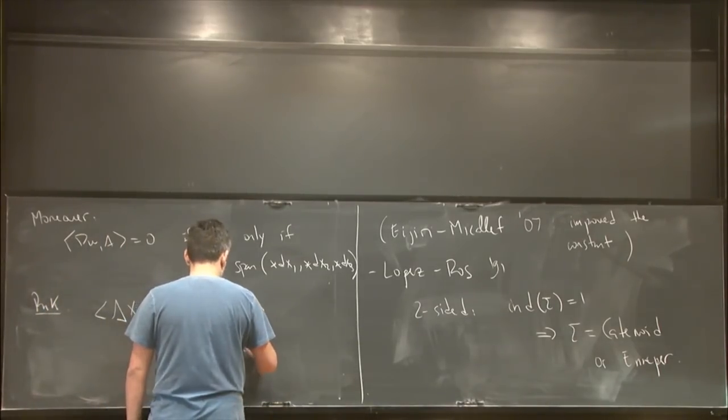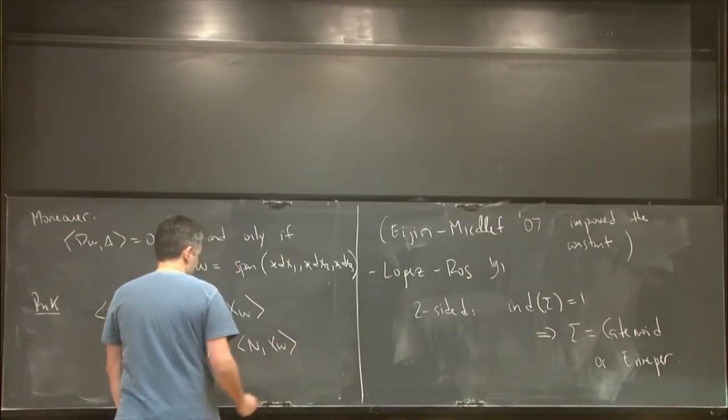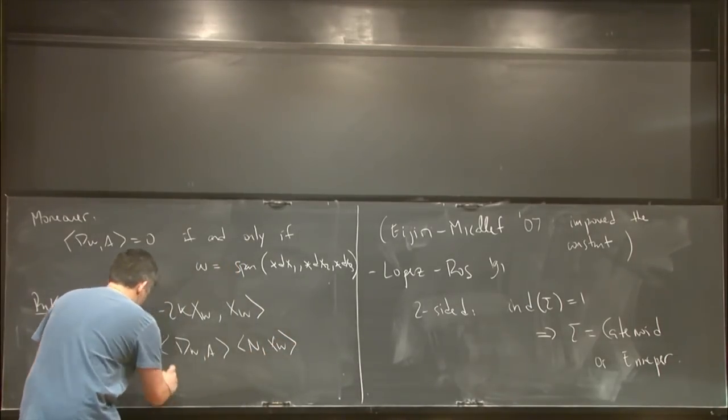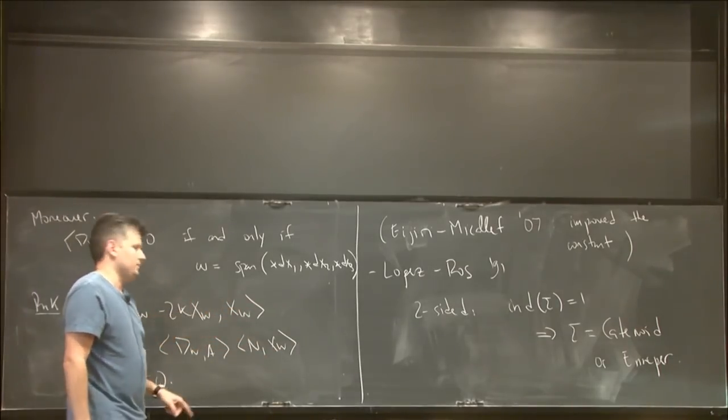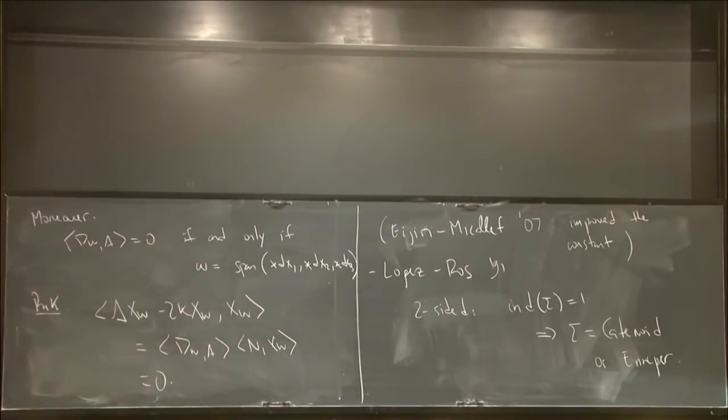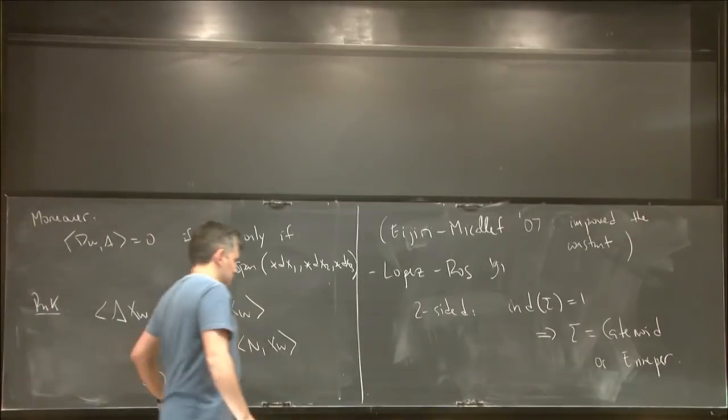And this is 0, because this is a dual vector field, this is a tangent vector field, and this guy is the normal. So in some sense, it's like a weak Jacobi field somehow.